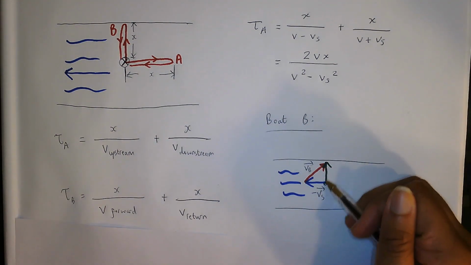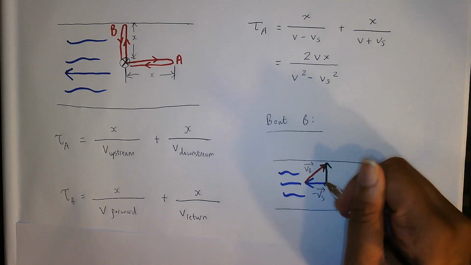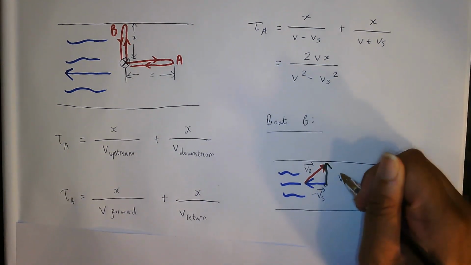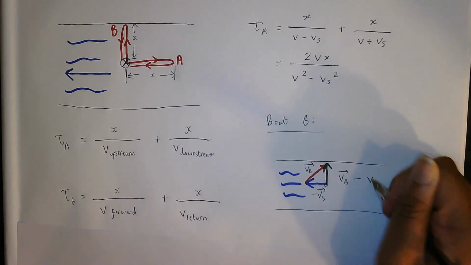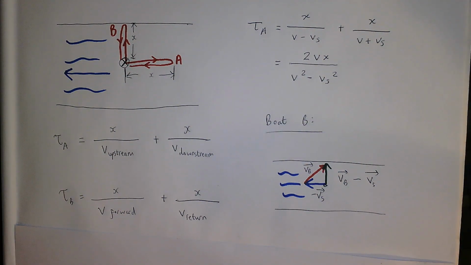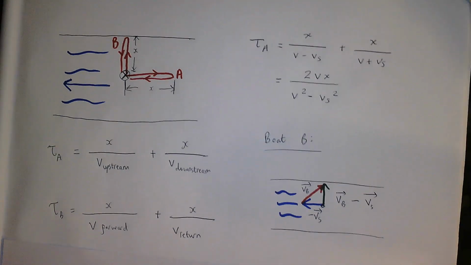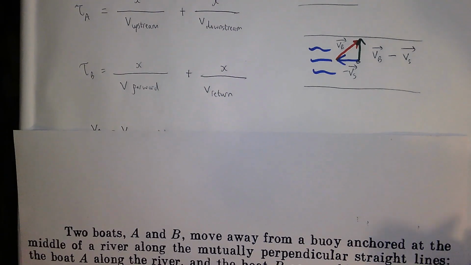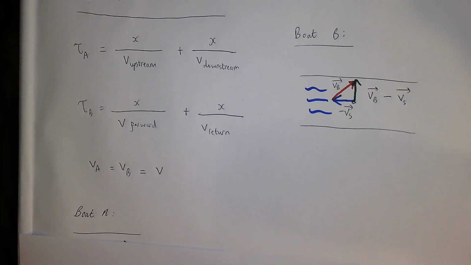And this resultant vector here is equal to vb minus vs. And like we did for boat A, we want to work out the magnitude of this.